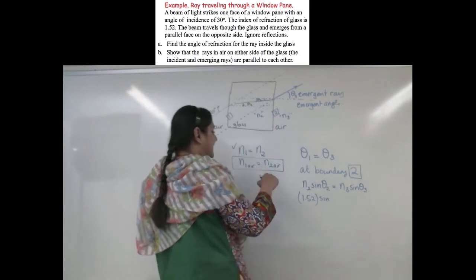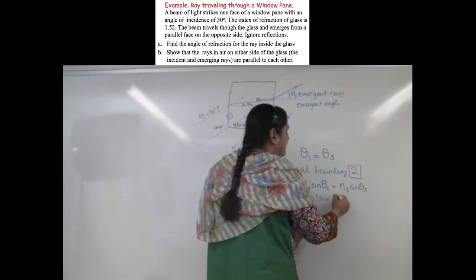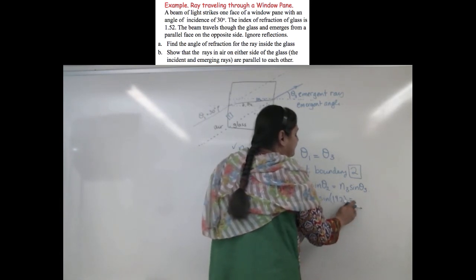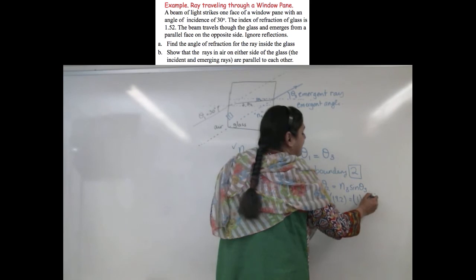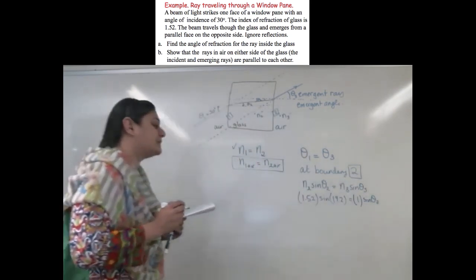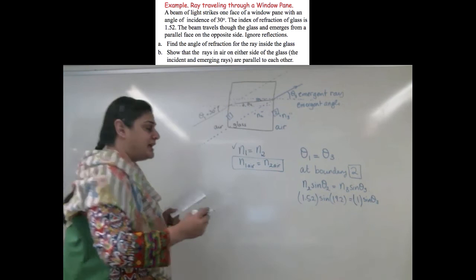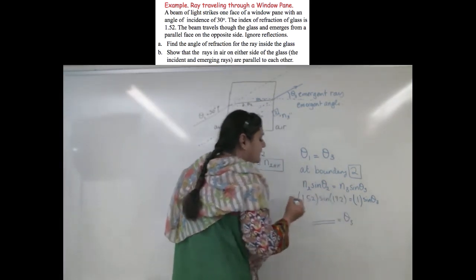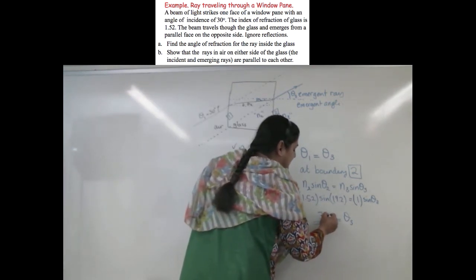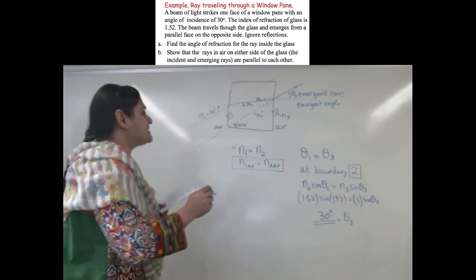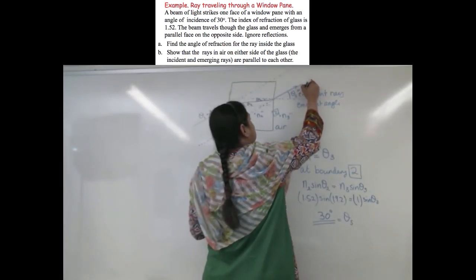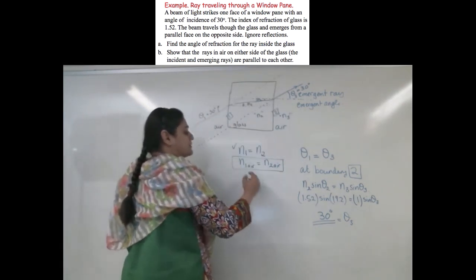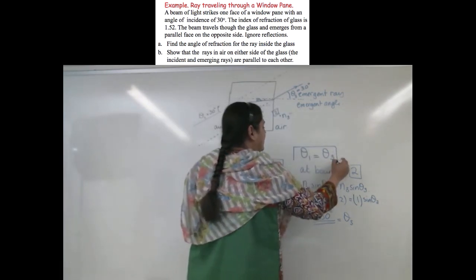Sine of 19.2, which I got from equation 1, equals N3, which is now air, which is 1, times sine of theta 3. Then you do the math and calculate what theta 3 is, and it comes out to be 30 degrees. That means if this is 30 degrees and this is 30 degrees, these two rays are parallel. So we proved part 1 and part 2.